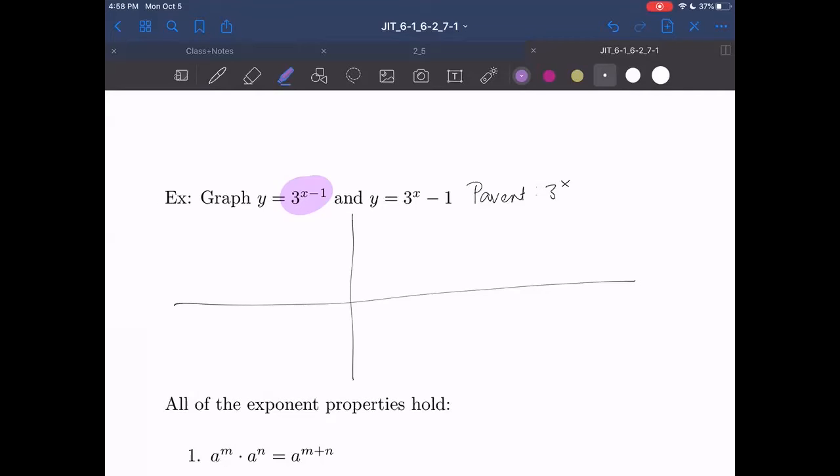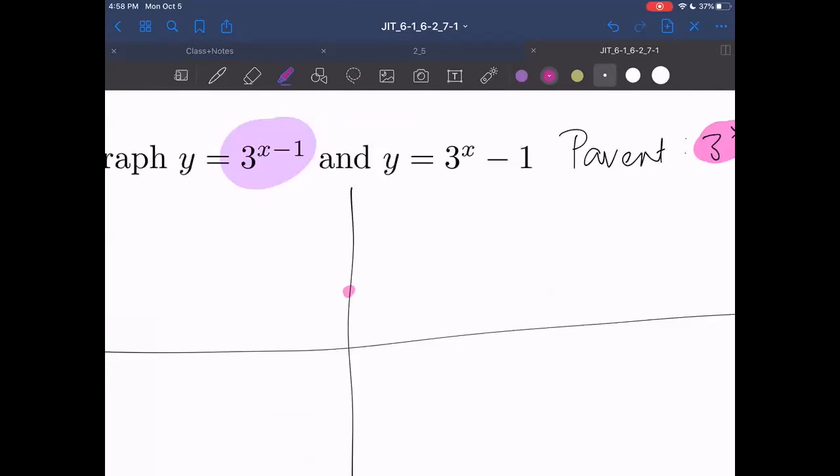Okay, so our parent graph was 3 to the x. So it would have had a point here at (0, 1), and it would have had a point at (1, 3).